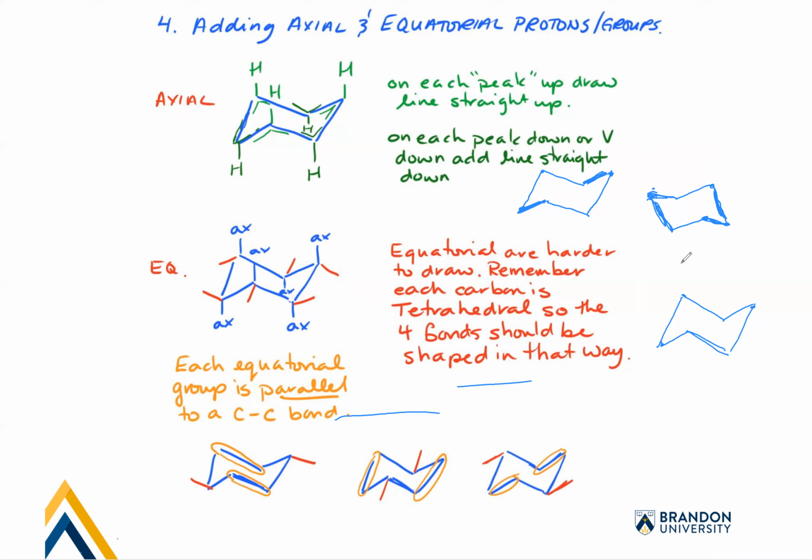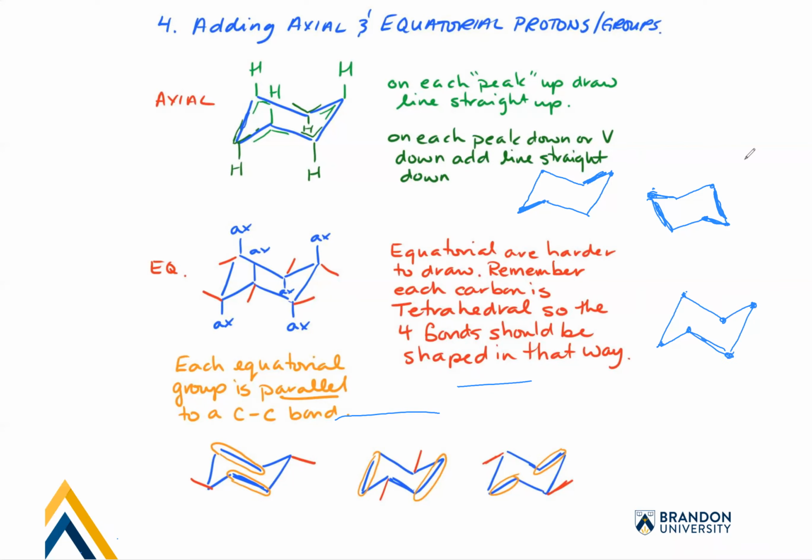Drawing axial protons is easy because on our carbon, we're going to have 3 carbons that are peaks that are going up, like a peak, peak, peak, and we're going to have 3 carbons that are valleys. So this going down, this is a valley carbon, this going down, this is a valley carbon, and likewise.